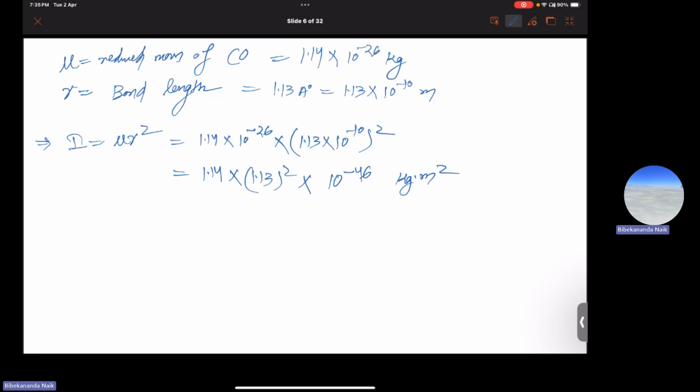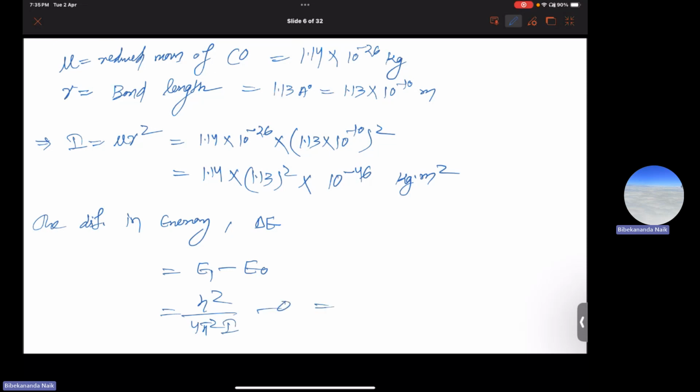So we can put these values directly into the expression of energy. The difference in energy, delta E, will be E1 minus E0, that is h square divided by 4 pi square I minus 0, which is h square divided by 4 pi square I.